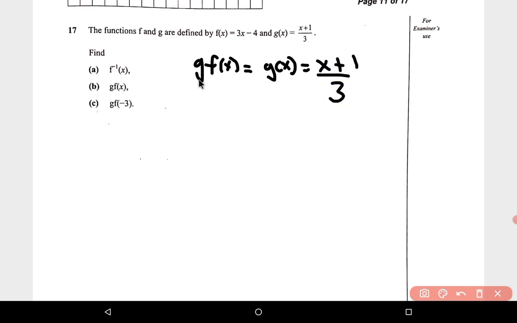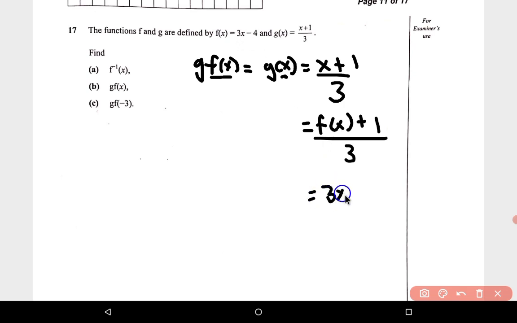Now remember, here for x we replace with f of x, right? So for x here we're going to put f of x, plus 1, over 3. So f of x is this now.